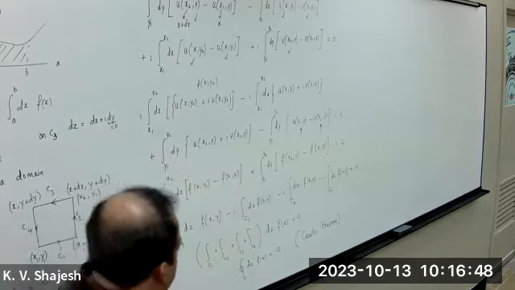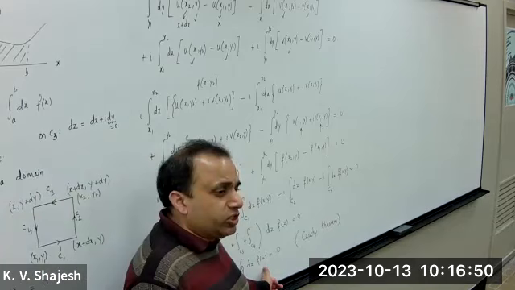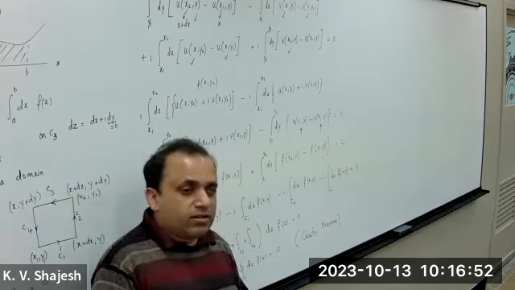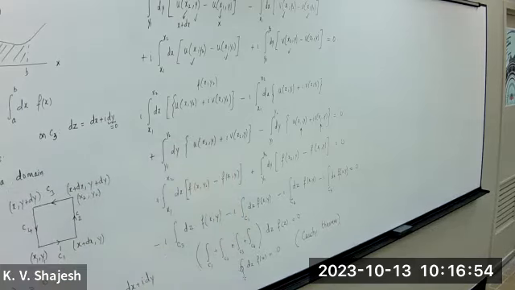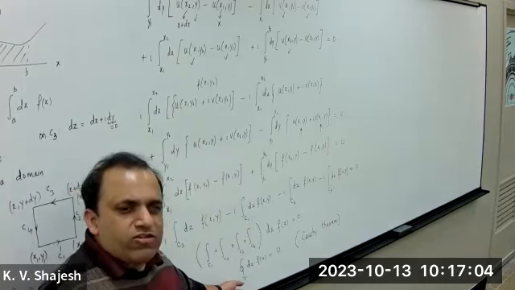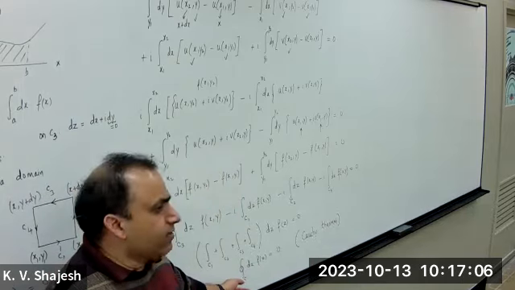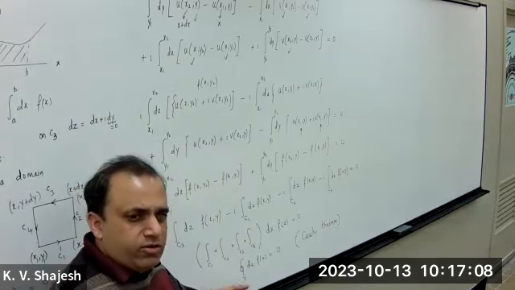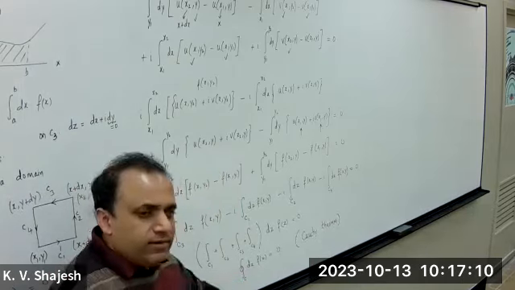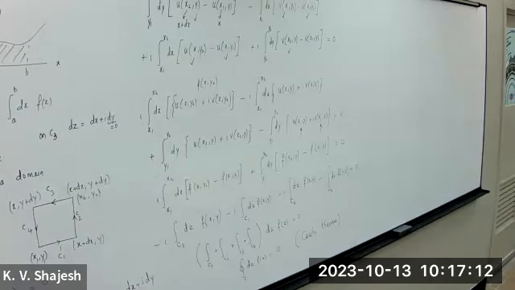But here what we are saying is that if it is an analytic function, then the path integral along any contour is equal to 0. And we are going to exploit this a lot. In fact, this is one statement using which a lot of things in complex analysis can be achieved. So try to understand the geometry behind this.